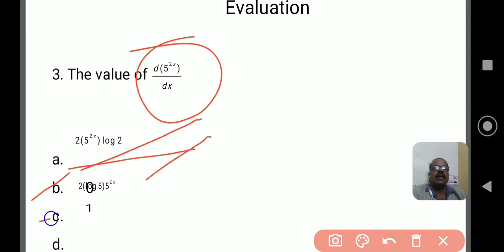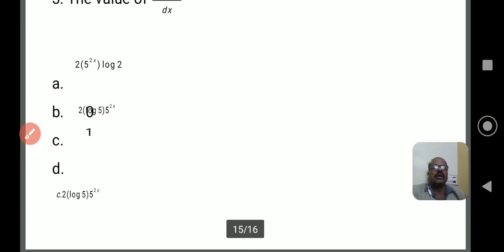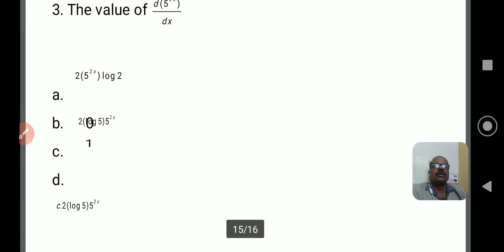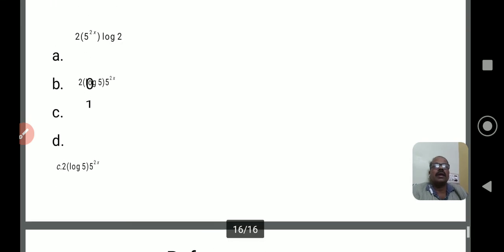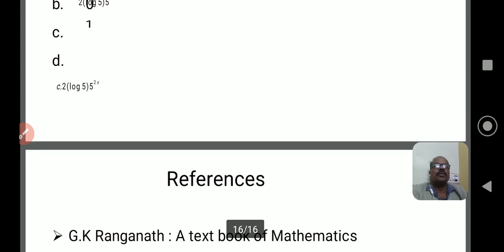C is 1. What is D? Finally D is equal to 2 into log 5 into 5 to the power of 2x. You are finding how many derivatives here? Only a single derivative. The solution for this is very clearly 2 into log 5 into 5 to the power of 2x.